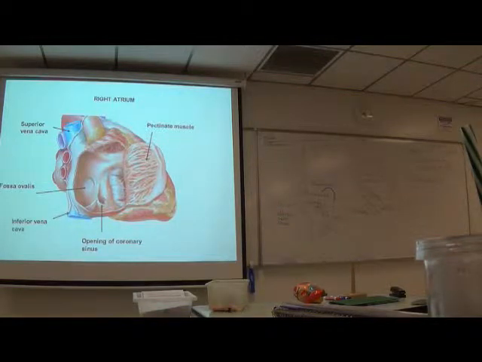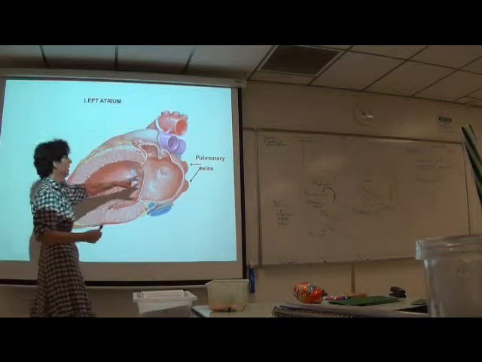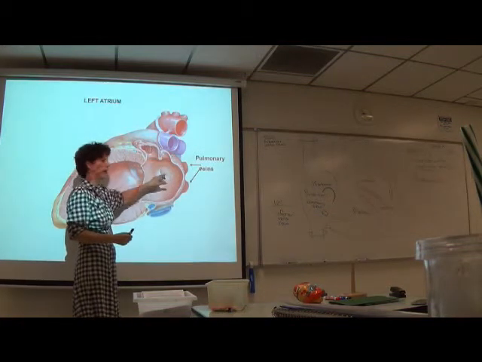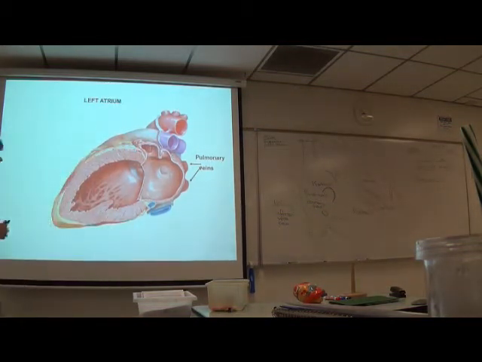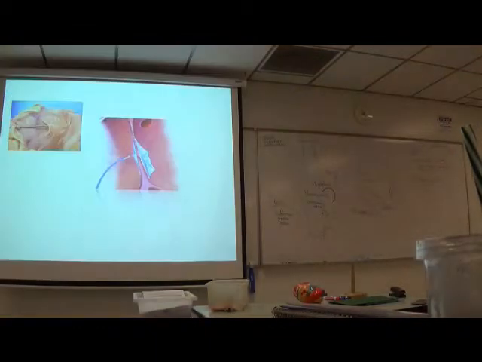All right, so now let's look at, that's the right atrium. Here's an image of the left, so it's not as interesting. You can see the fossa ovalis. All right, it's just not as thick a wall. So now we need to take the blood through the atria, excuse me, into the ventricles.